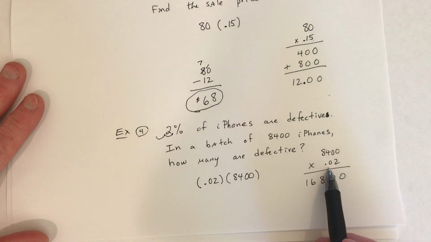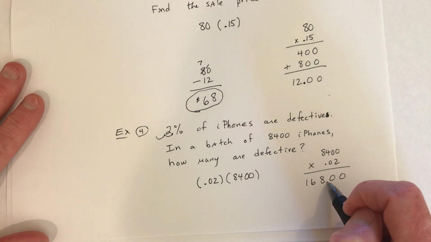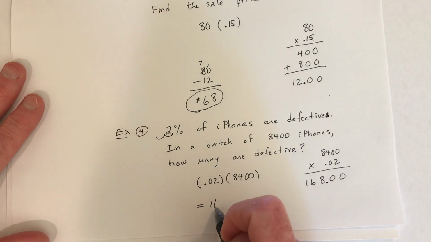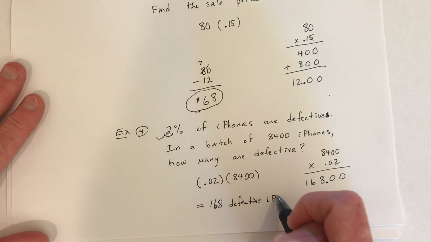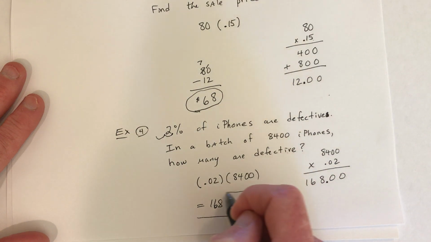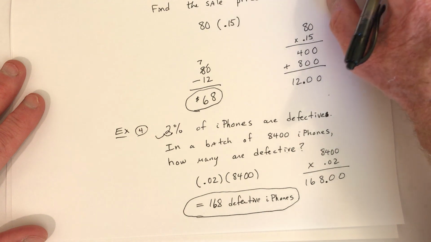And then this has the decimal moved over to the left by 2, so move the decimal to the left by 2, and it's 168 defective iPhones. So then they just put it back in the factory, have somebody fix it, and then send it out.